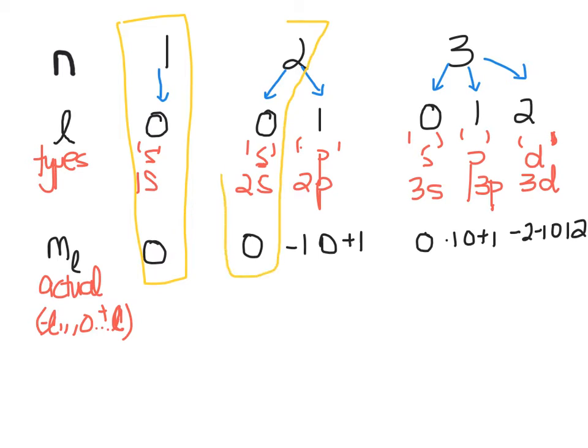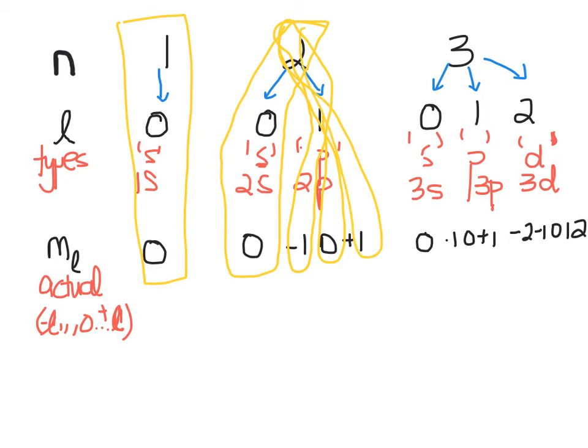We've got our 2s orbital, and then we have 3 different p orbitals. So here we go. Actual orbitals. There are 4 possible orbitals on the second energy level. Before we looked at n squared as our actual number, and here is our actual.